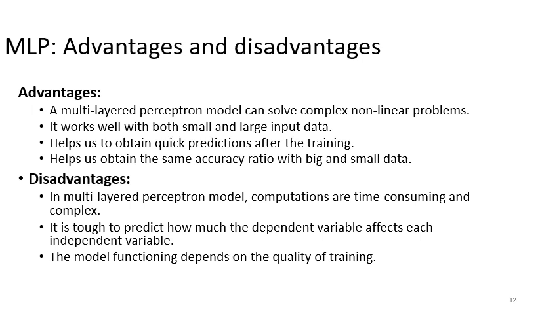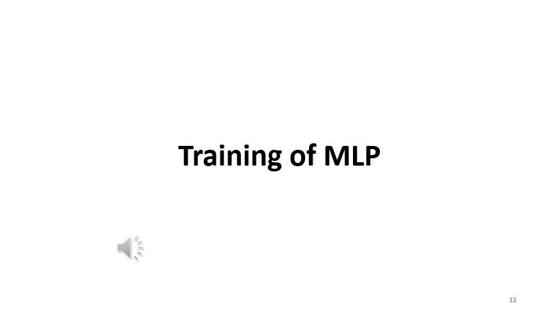Lastly, their performance heavily leans on the quality of their training. So it's like saying you are only as good as your practice. This breakdown provides insights into when and where MLP shine, as well as their challenges and limitations. Now, let us move on to the training process and how MLP learns from data.